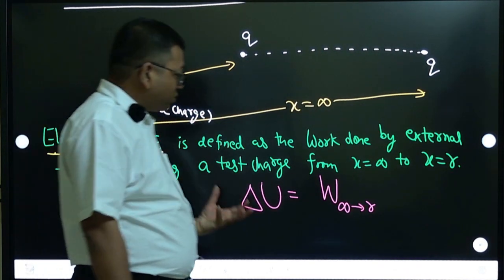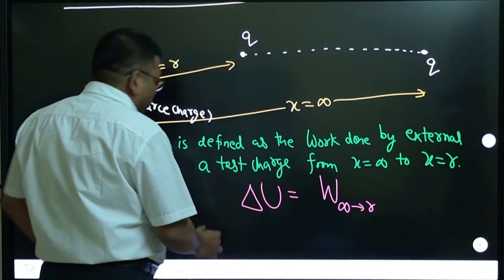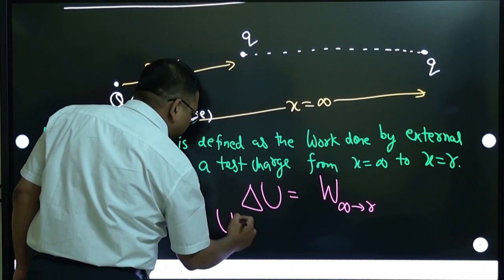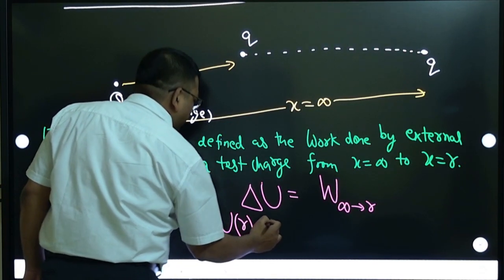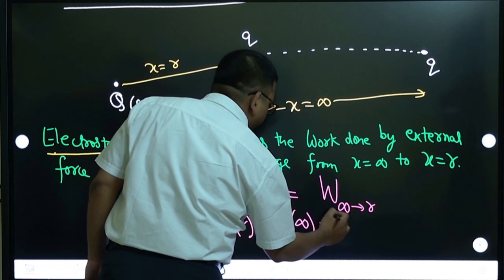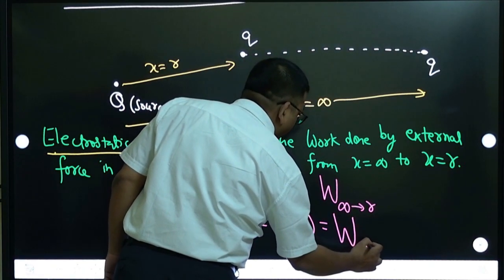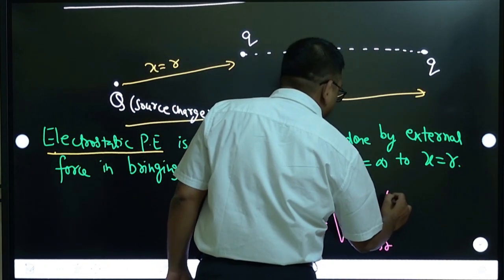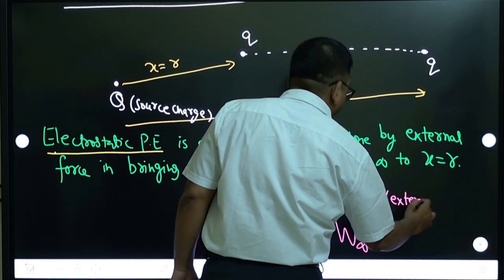Generally, it is the potential energy at r minus the potential energy at infinity. So, work done by which force? Work done by external force.